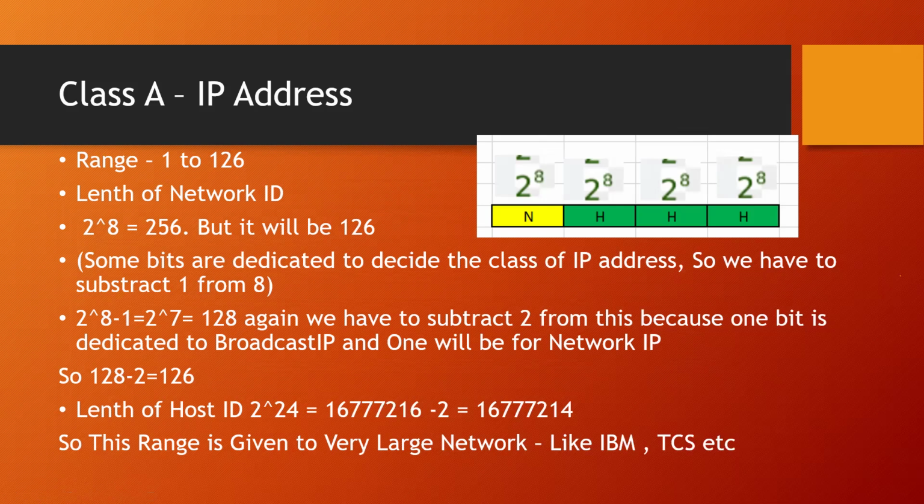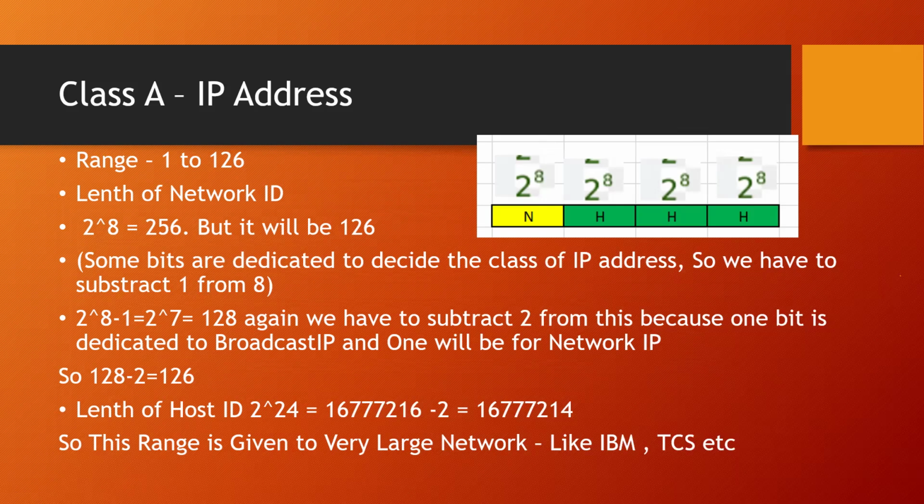Because at the beginning, the first address is given as the network ID and the last as the broadcast ID. So we always subtract 2. 128 minus 2 is equal to 126.